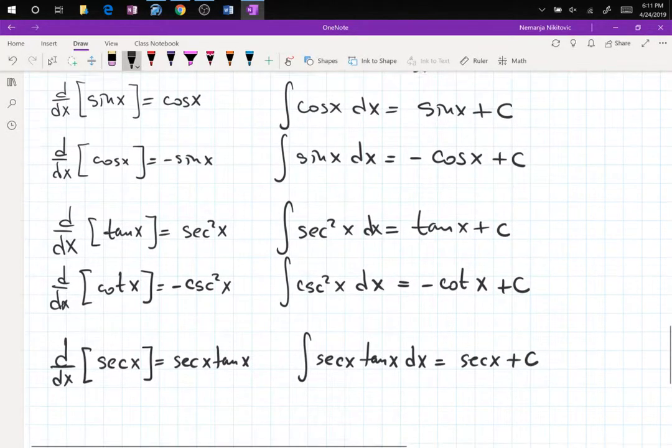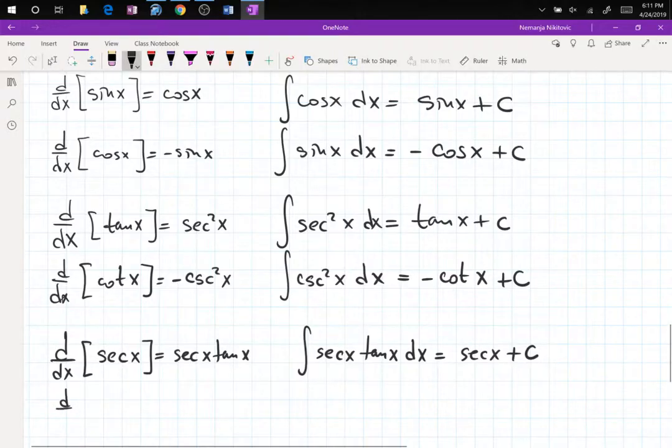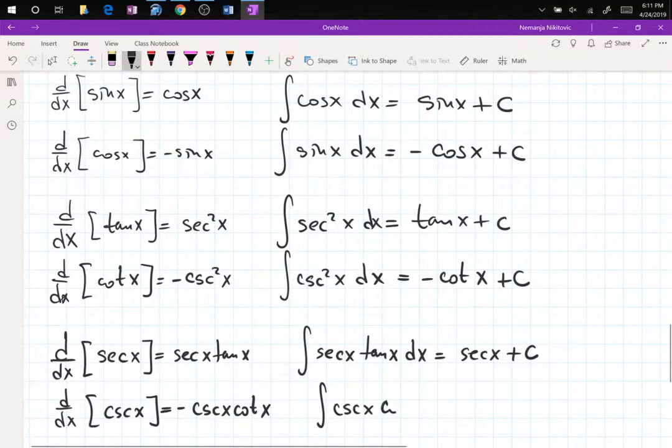Yes. And finally, the derivative of cosecant x is negative cosecant x cotangent x, which gives us the integral of cosecant x cotangent x dx to be negative cosecant x plus c. These are not fun at all, right?